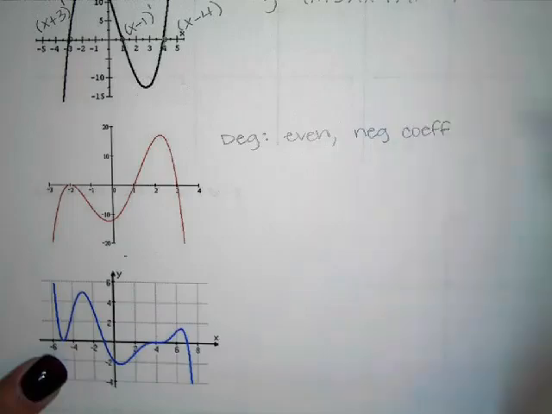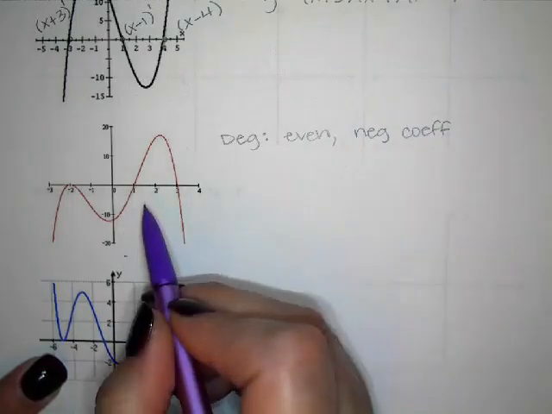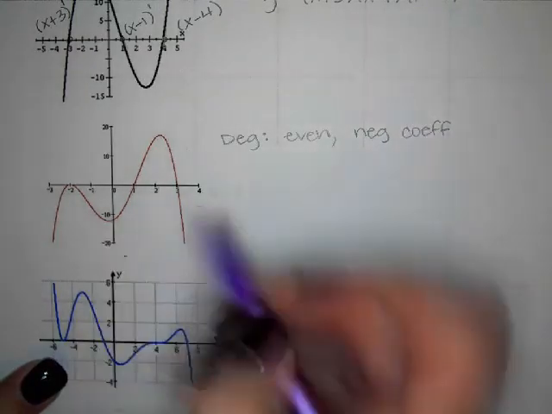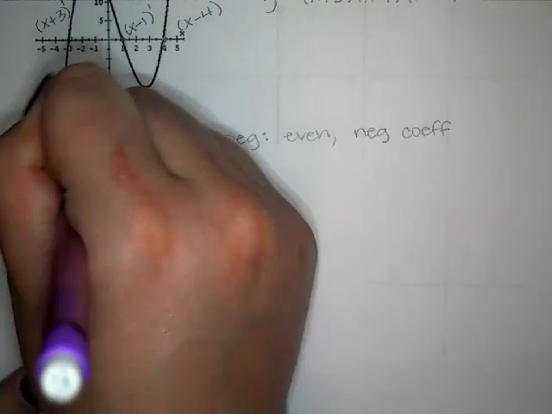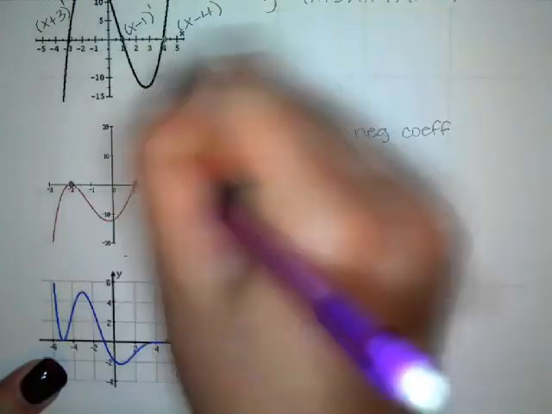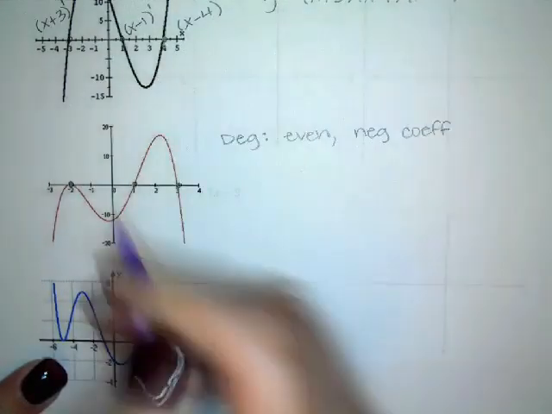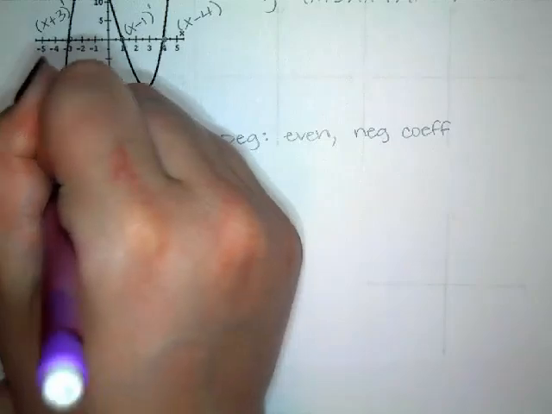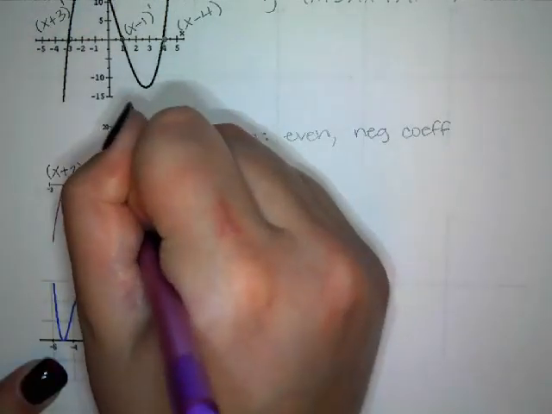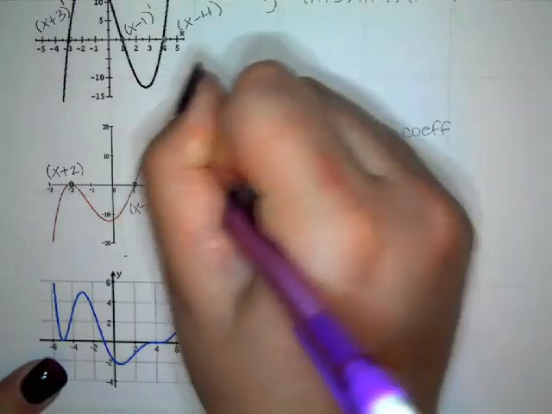So now I'm going to go through and look at each x-intercept. So this is -2, which means the parentheses are x plus 2, +1, so that's x minus 1, +3, so that's x minus 3.